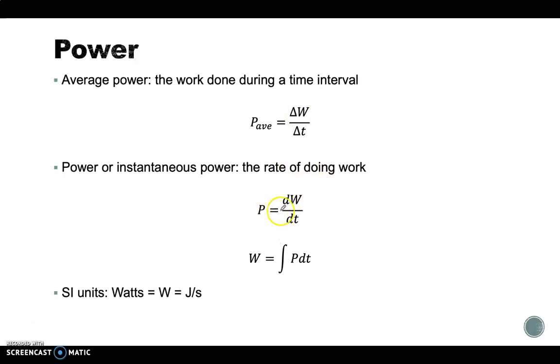So power is equal to the derivative of work over the derivative of time. And we can solve this in terms of work. And so work would be the integral of power times the derivative of time. Now from this you can see that power has the SI units of joules per second, and we say that that is watts, or big W. So this is power.